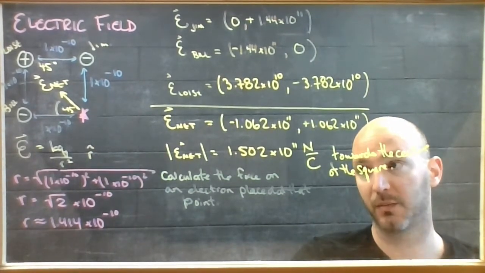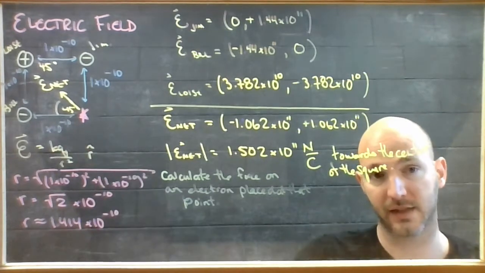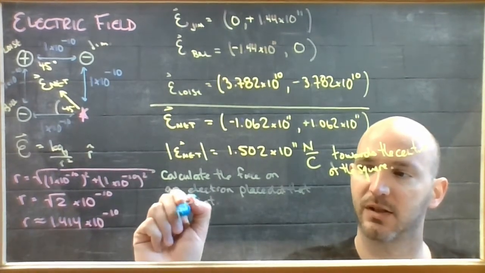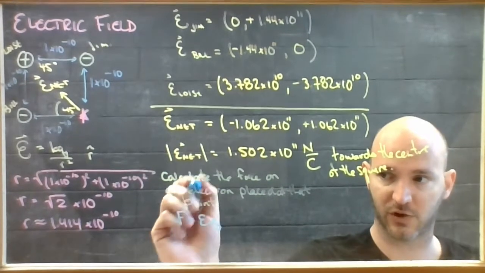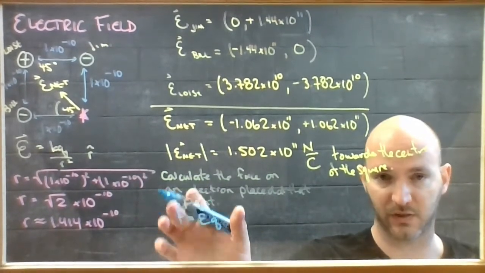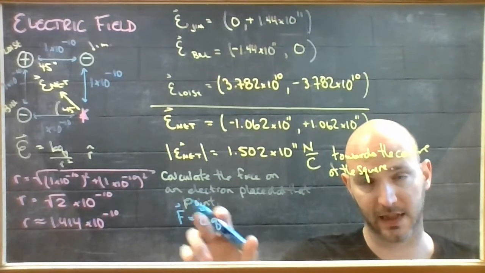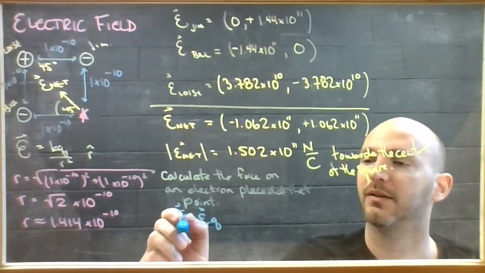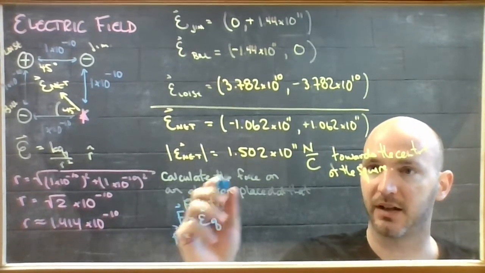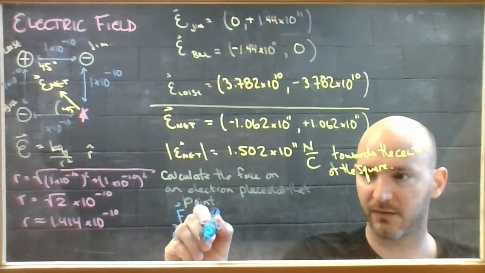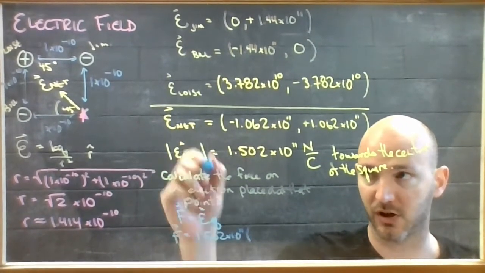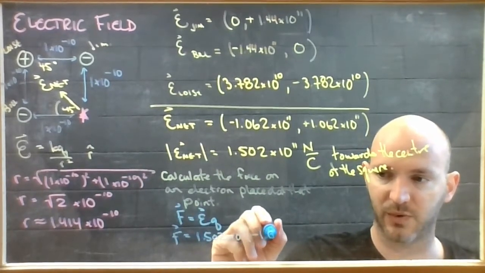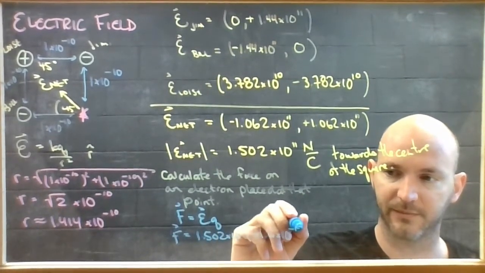Well, maybe you remember from the beginning that I got this electric field by taking the force equation and ripping a charge out of that. So this is going to be true then. If I put the charge back in, I get force. So the force this thing is going to experience would be 1.502 times 10 to the 11 multiplied by the charge on an electron, which is negative 1.6 times 10 to the negative 19.